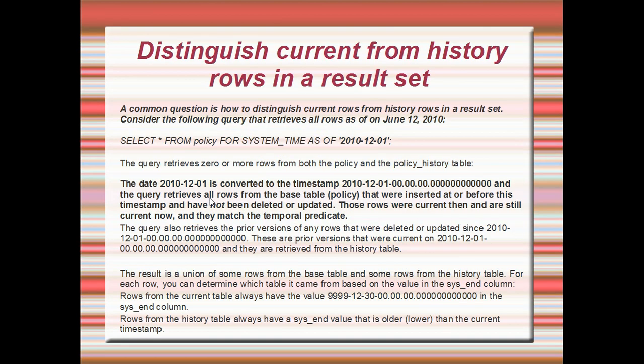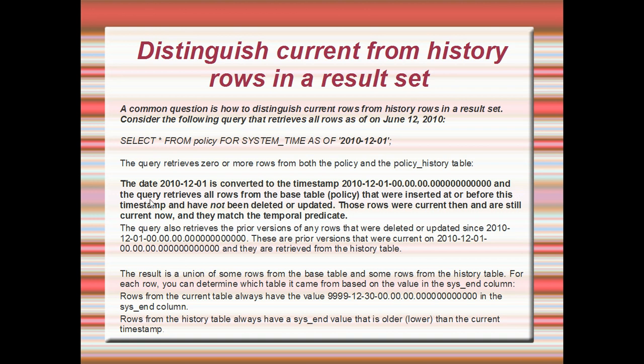Here, while we are saying select star from policy for system time as of a particular day, how did DB2 interpret that? First of all, the date we have written in the as of clause is converted into a timestamp like this: 2010 12 1 0 0 0 0 0.